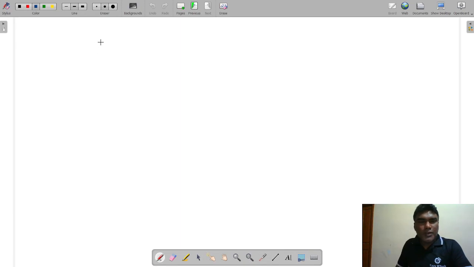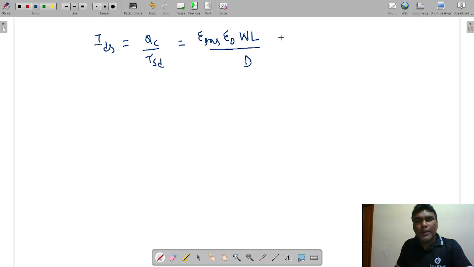Now write down the total equation. IDS is equal to IDS in non-saturation region. IDS is equal to QC by tau SD. So this will be equal to epsilon insulation, epsilon naught, W into L by D into VGS minus VT minus VDS by 2, divided by, we have this transit time.